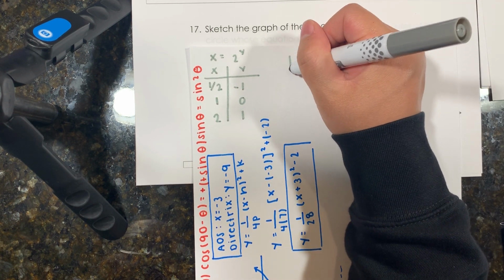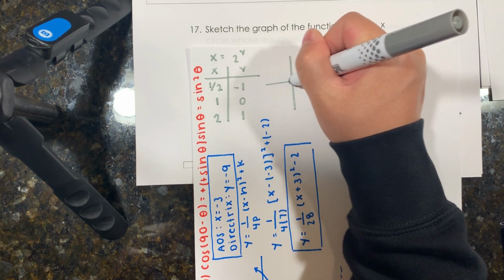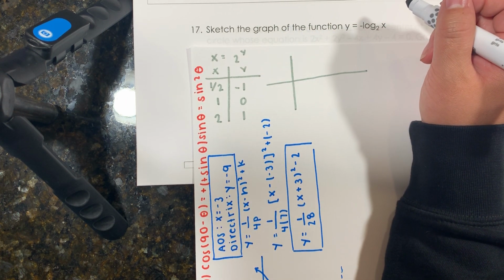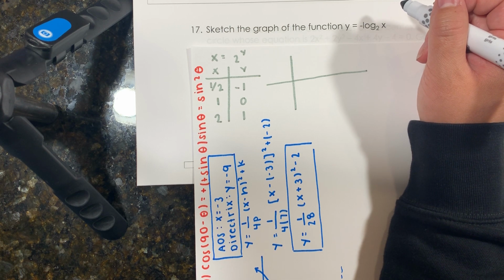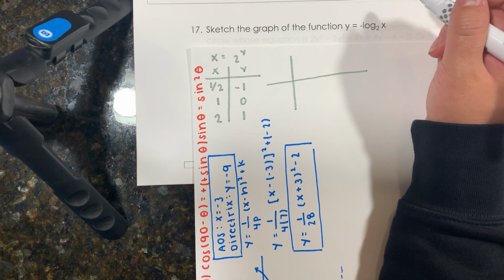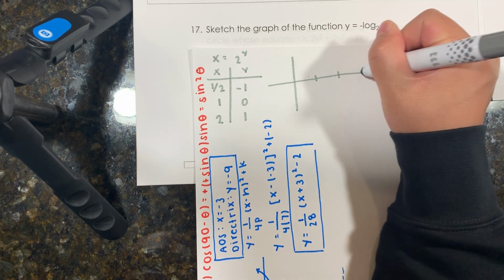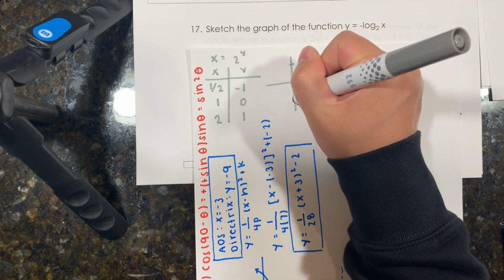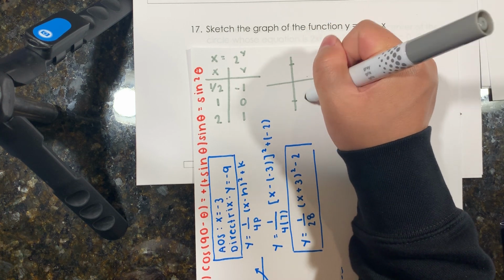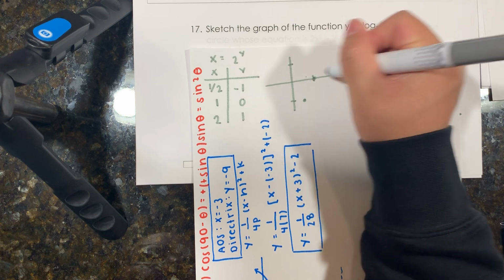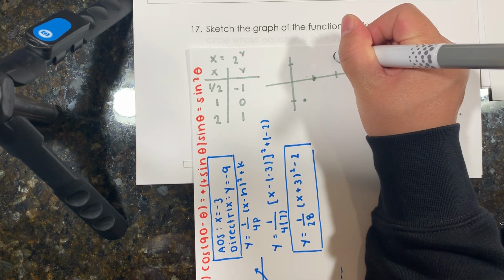So now these are just my temporary points, because remember that when the entire function becomes negative, it's going to mirror on the x-axis. So I'm going to go over 1/2 down 1, over 1 up 0, then over 2 up 1.